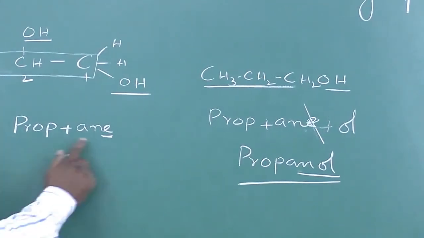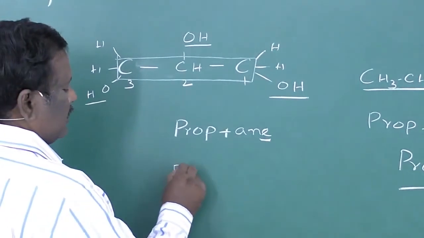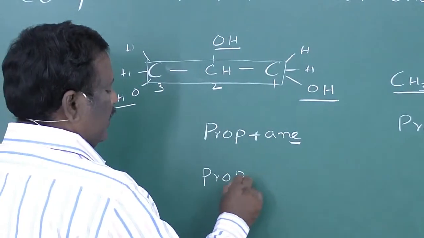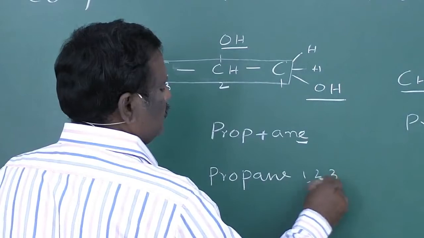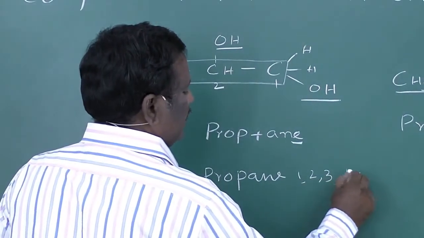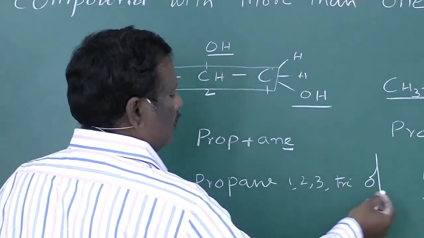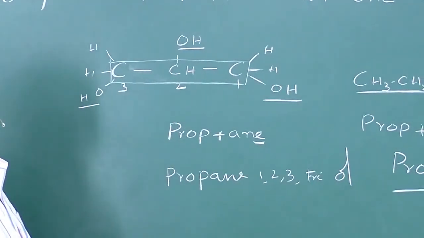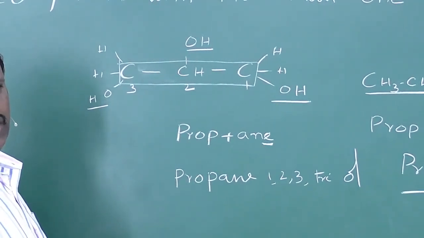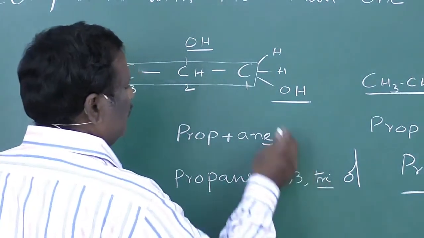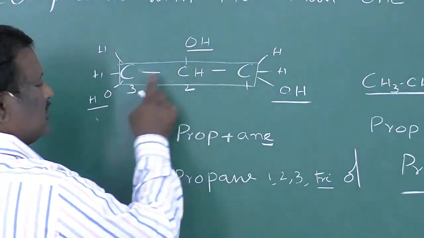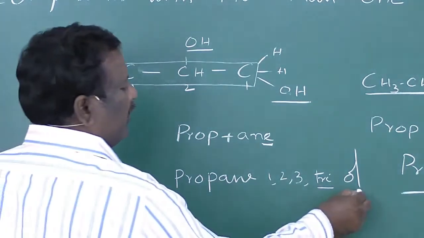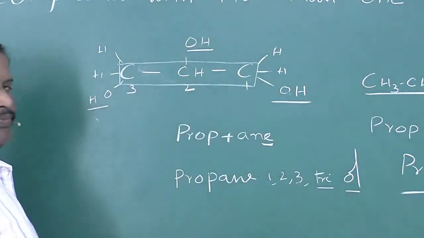But while naming this compound, you should write the name as propane-1,2,3-triol. This tri stands for 3 OH groups. 1, 2, 3 are the positions of the OH groups and ol indicates the functional group.